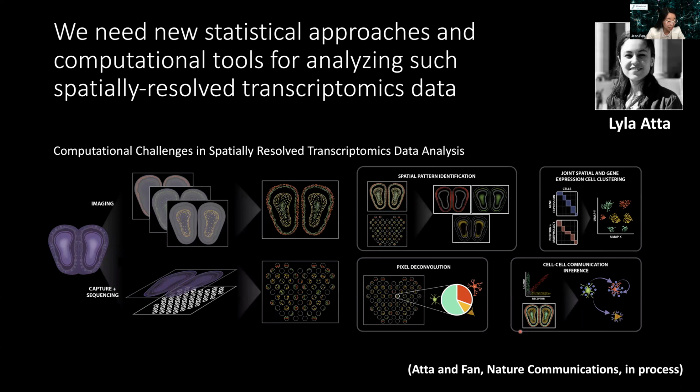Given these amazing spatially resolved transcriptomics technologies, we really need new statistical approaches and computational tools for analyzing the resulting data. For those of you interested in learning more about the particular computational challenges that we envision moving forward, my student Lila Atta and I are contributing an invited commentary on this topic. So please be on the lookout for that in Nature Communications if this is of interest to you.